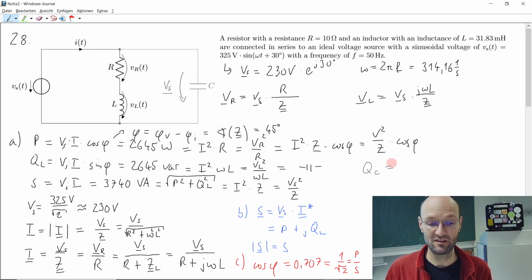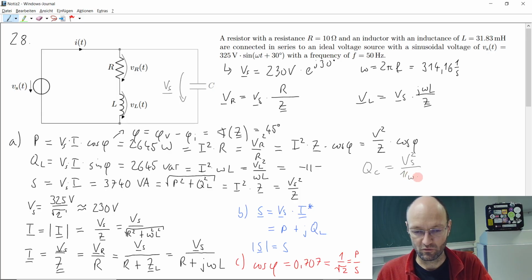So we can say we use the very same equation as here, but instead of the voltage across the inductor, we use the source voltage squared. And then instead of omega L, what do I need to write for the capacitor? The reactance of the capacitor is 1 over omega C, exactly.